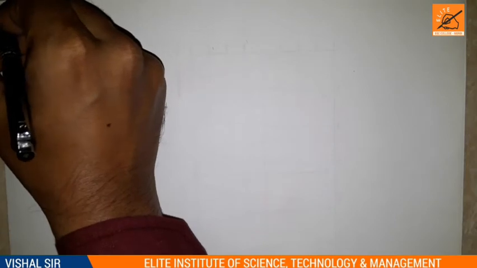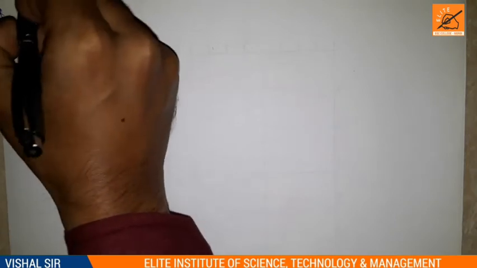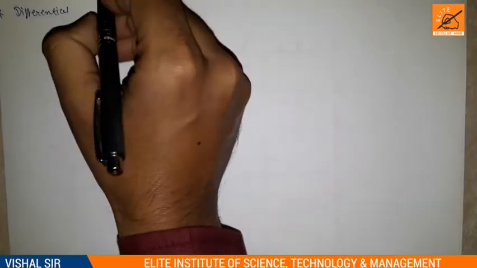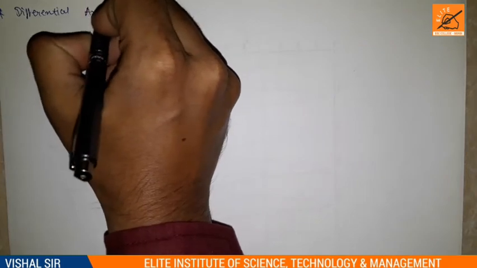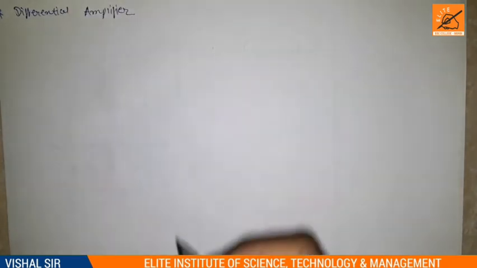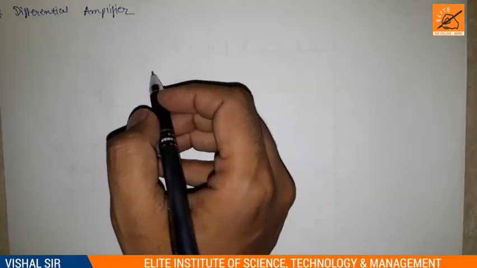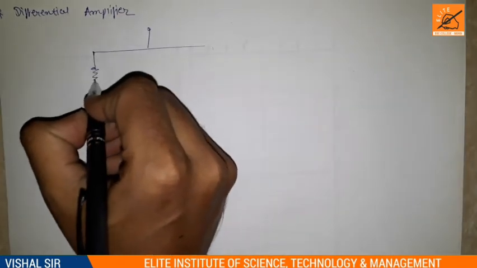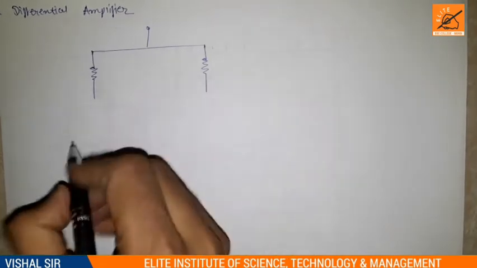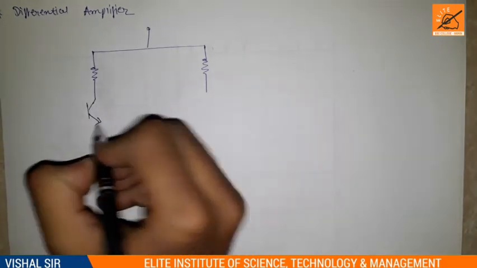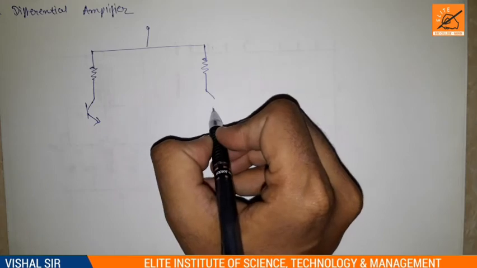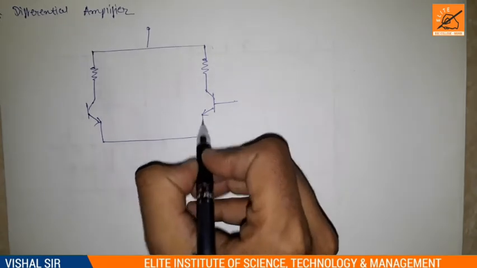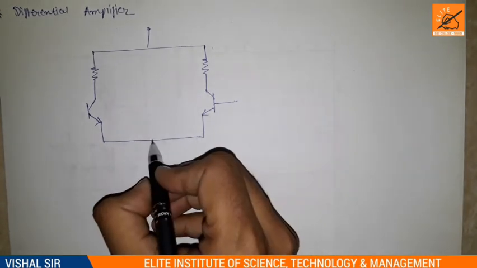Now first of all we will draw the circuit of differential amplifier. Okay, so here two resistors are placed, then here is the transistor, and emitters of both the transistors are connected together.